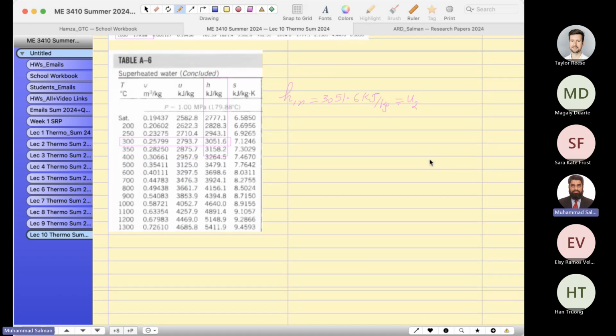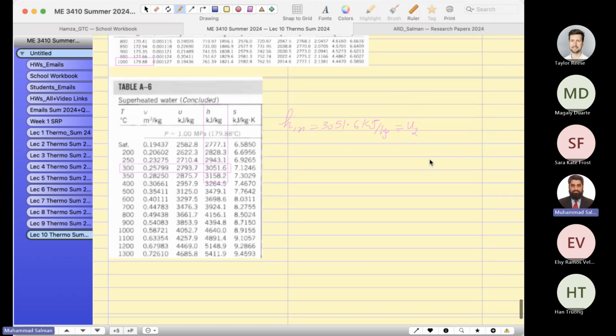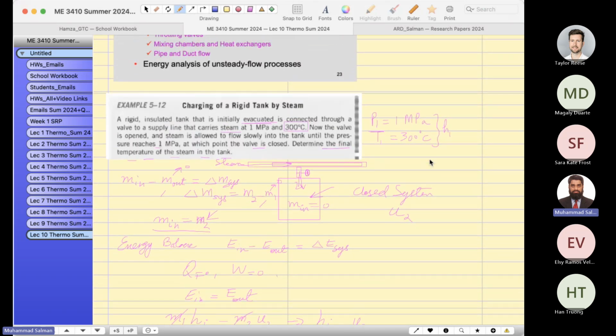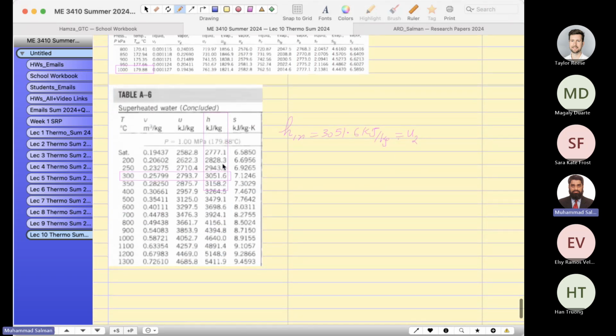Okay, guys. So now we have found the two properties. At the final state, what are the two properties which we know? The pressure is 1 megapascal, and U2 is 3051.